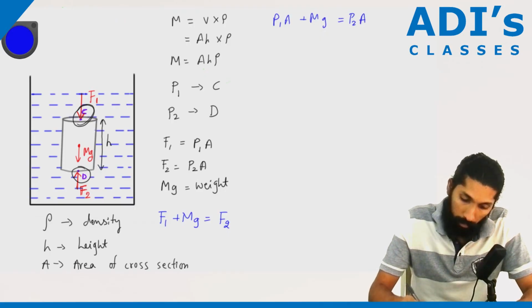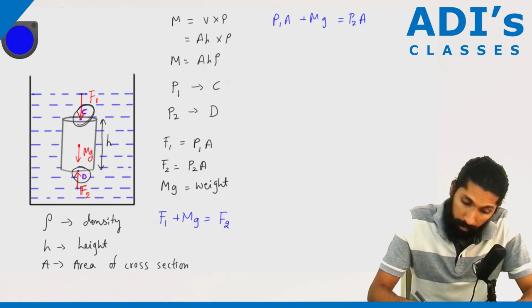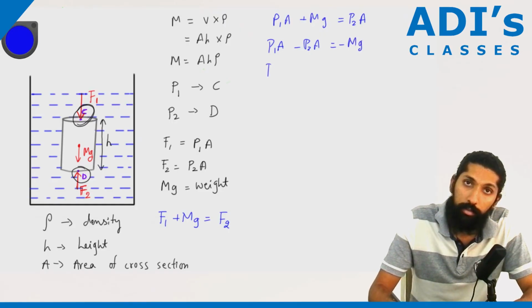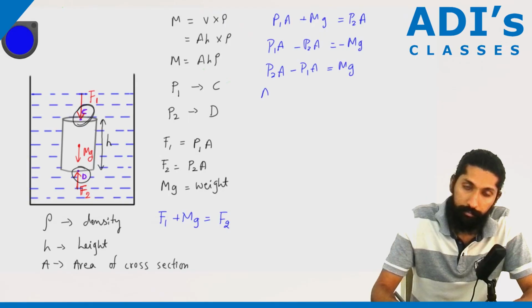Correct? Now what is m? m is equal to A h into rho. Correct? Now substitute that one. You are going to get P1A minus P2A. Take it to this side. P1A minus P2A is equal to minus mg, or you can write P2A minus P1A is equal to m into g.